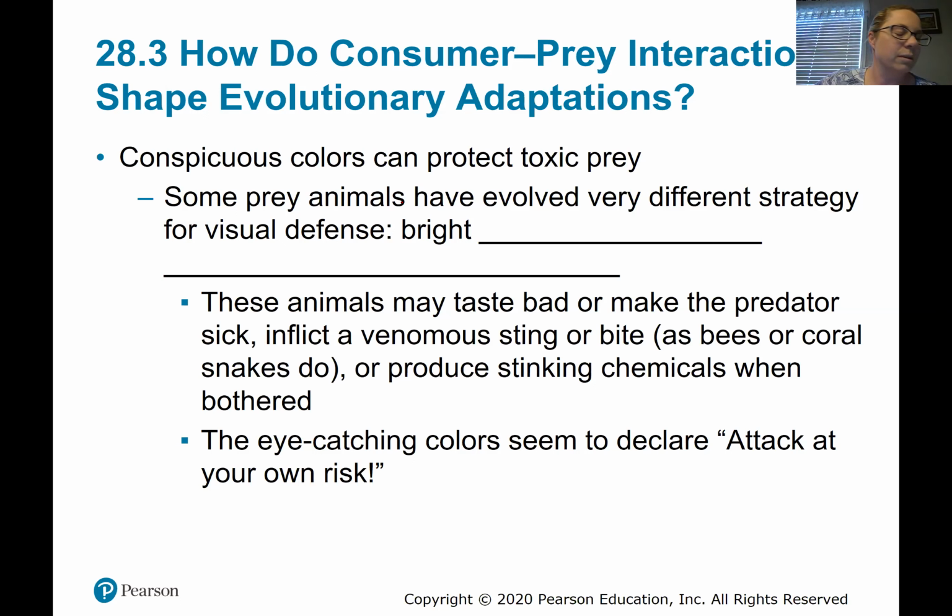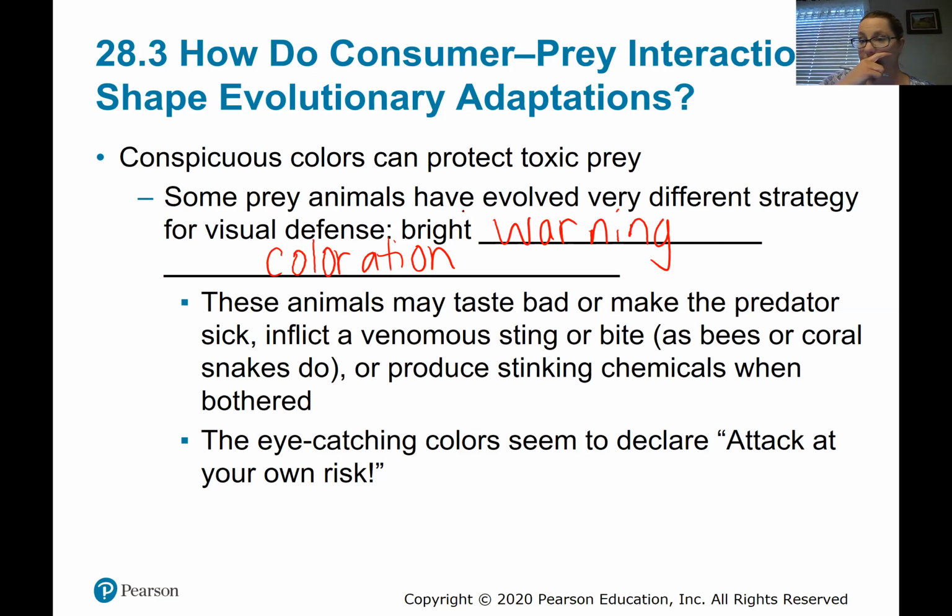And so sometimes coloration can give away the fact that you need to stay away from this particular organism. And so these are called warning colorations, that basically warn predators to stay away.